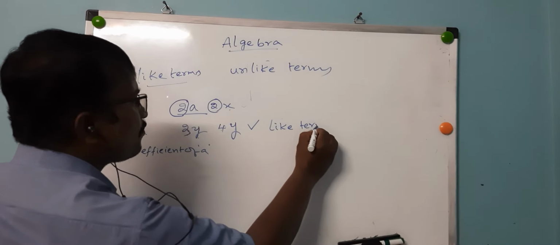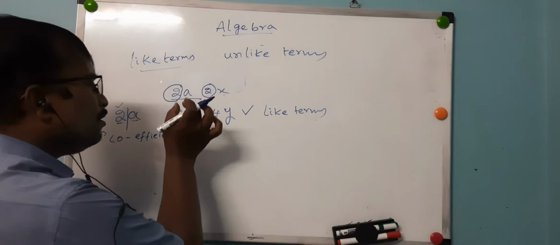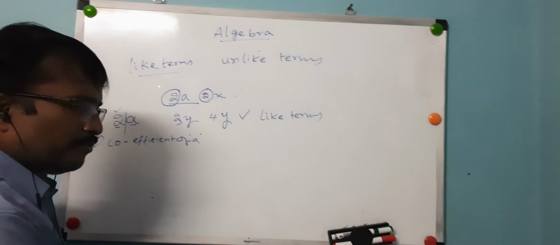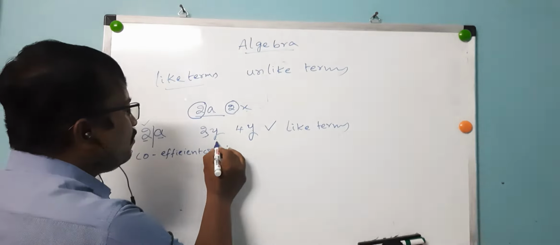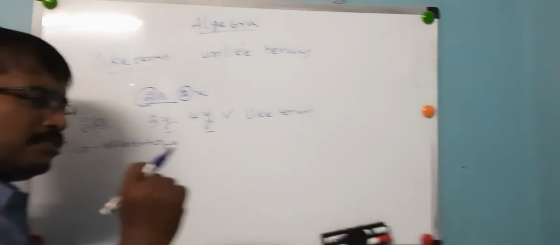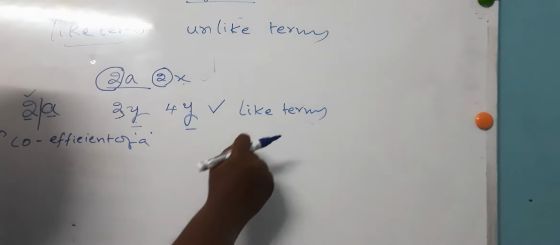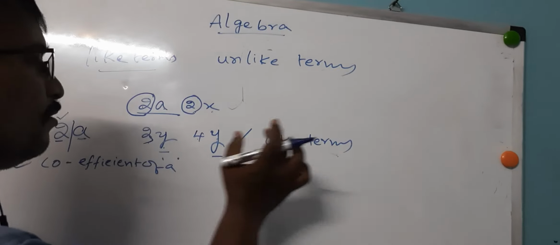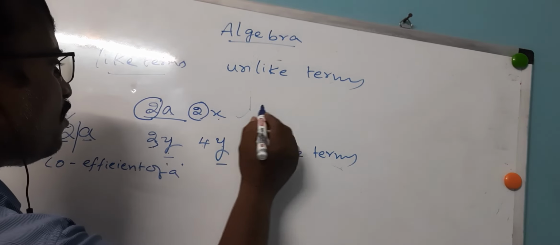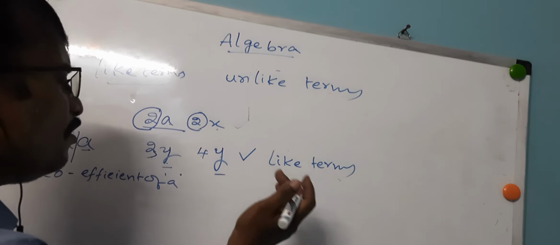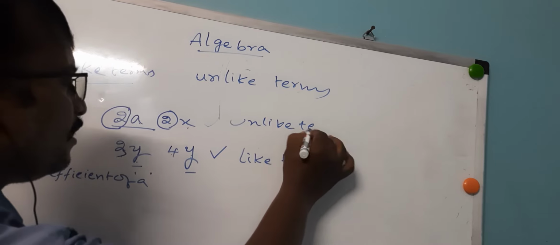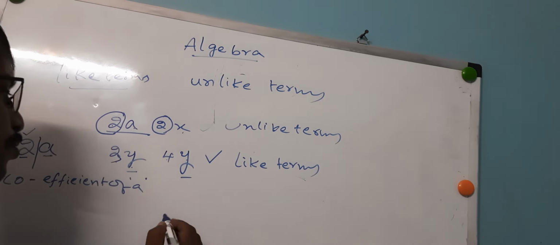In like terms we have the same variable; the constant is whatever it may be. When variables are different from each other, we call them unlike terms.